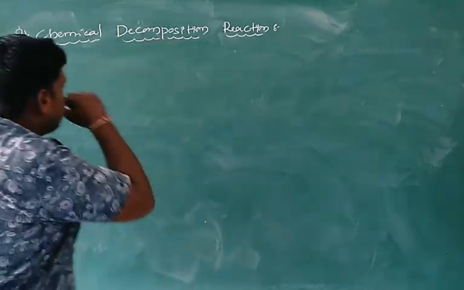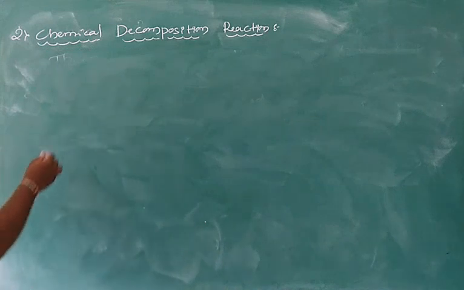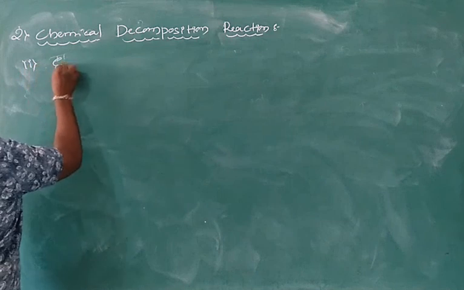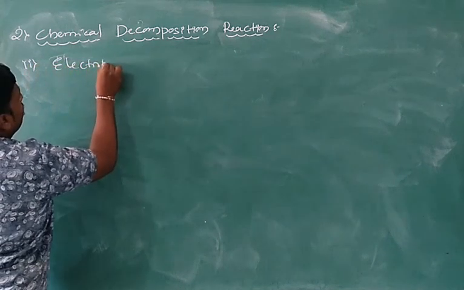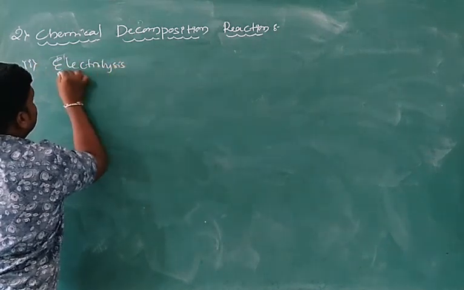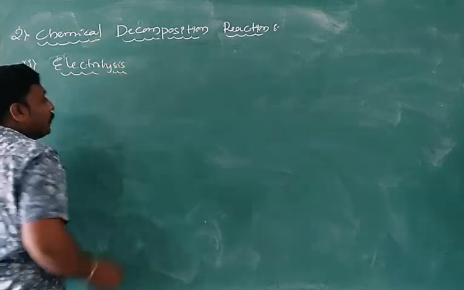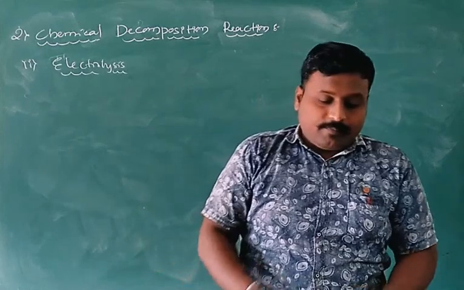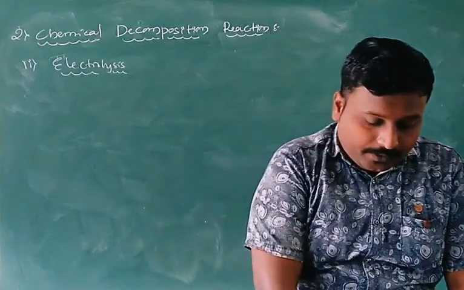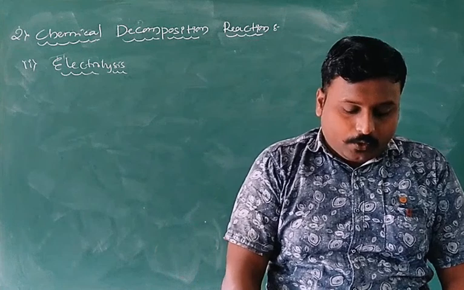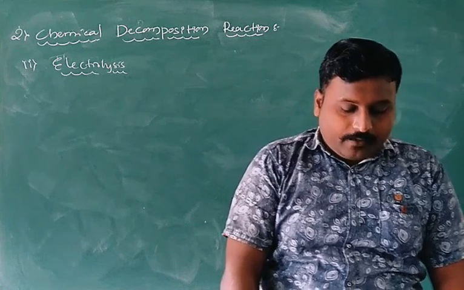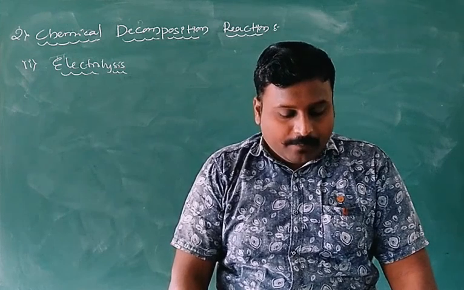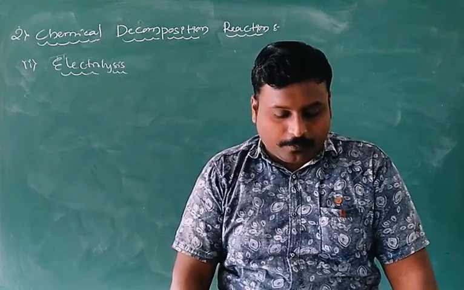The second type of decomposition reaction is the electrolysis process. Let us see Activity 1.7. Take a plastic mug, drill 2 holes at its base and fit rubber stoppers in these holes. Insert carbon electrodes in these rubber stoppers.